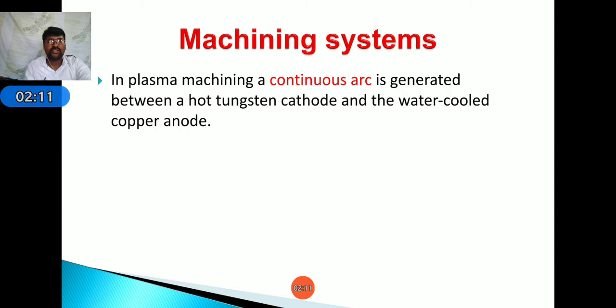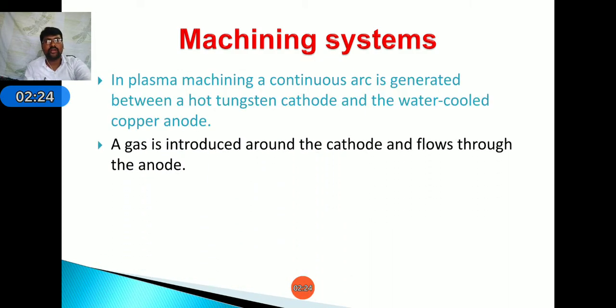Next, machining systems. In plasma machining, a continuous arc is generated between the hot tungsten electrode and the workpiece, and also the copper nozzle. Two types are there, transfer type and non-transfer type.